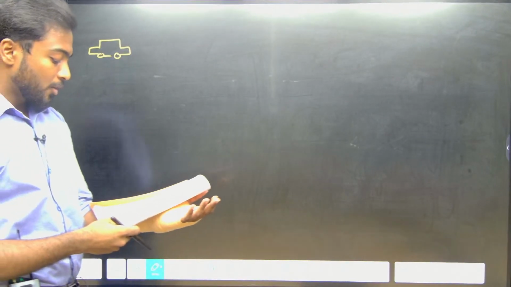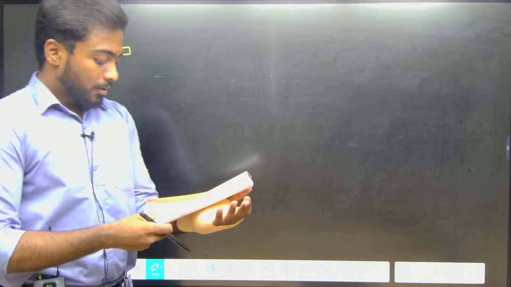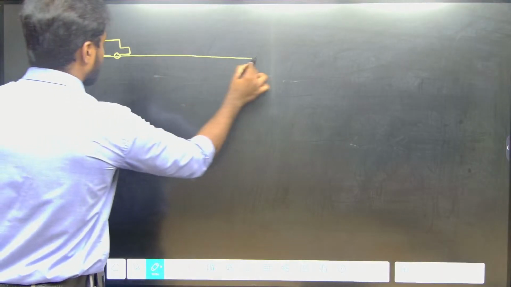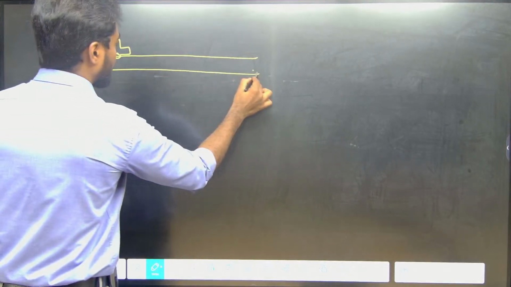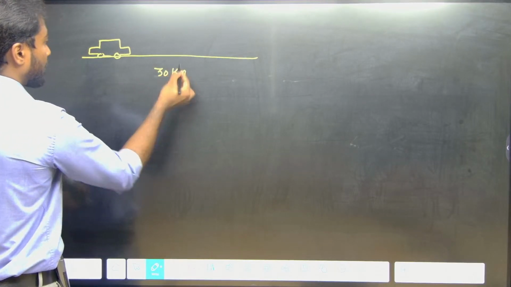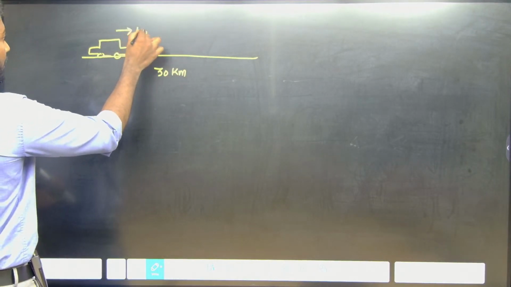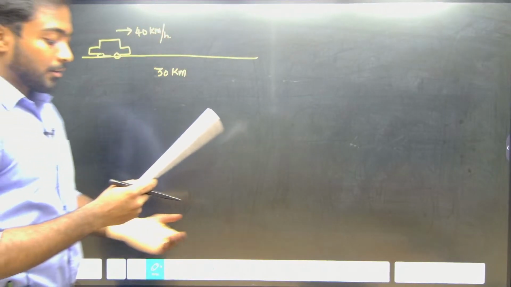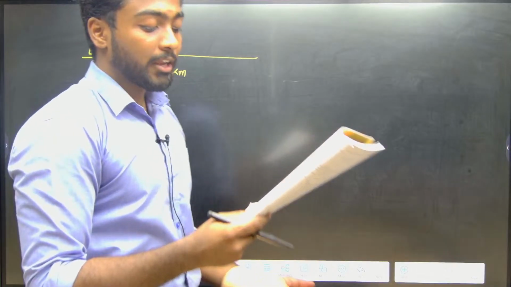So, there is a car which travels 30 kilometer at a uniform speed of 40 kilometer per hour. So, it is traveling how much distance? Okay, let me take the distance as 30 kilometer and it is going with 40 kilometer per hour. And the next 30 kilometer at a uniform speed of 20 kilometer per hour.